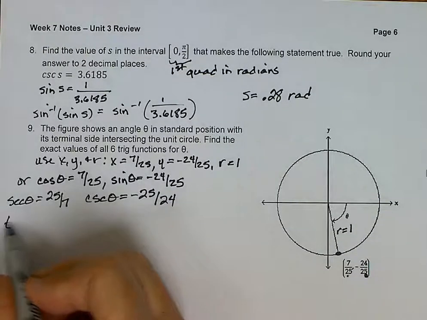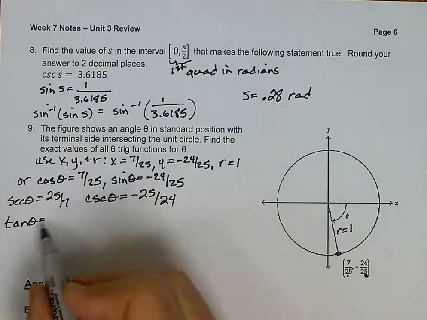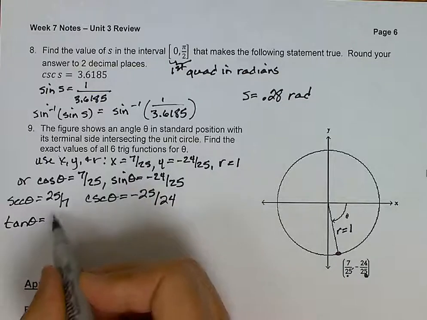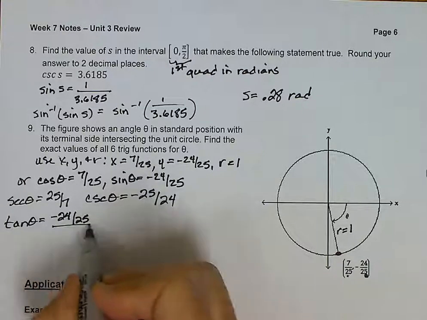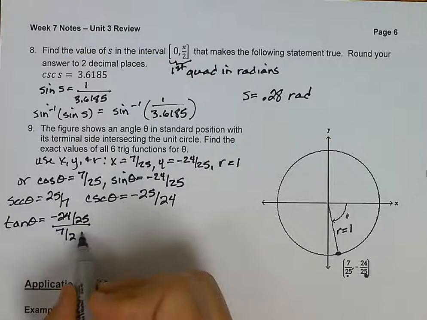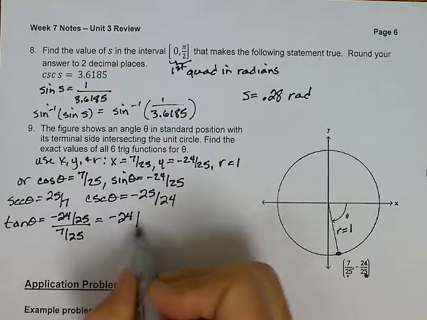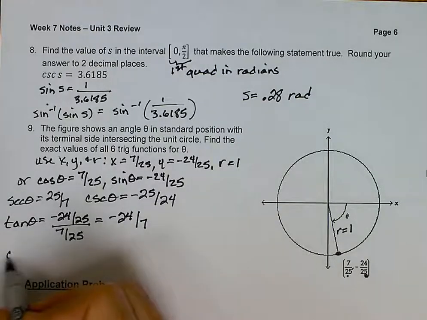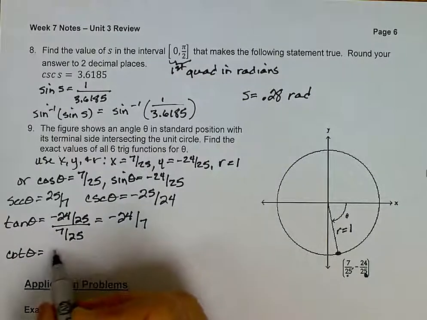And then to get tangent, we could use our quotient identity, which is that tangent is sine over cosine. That would give us negative 24 over 25 divided by 7 over 25. The 25's cancel and we would end up with negative 24 over 7. And then the cotangent of theta is the reciprocal of this, which would be negative 7 over 24.